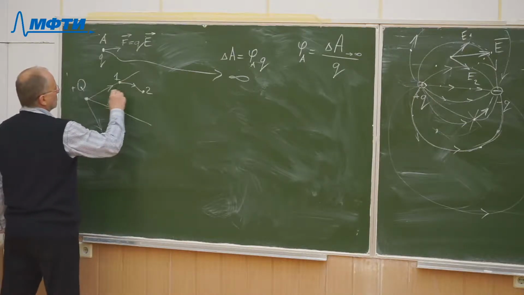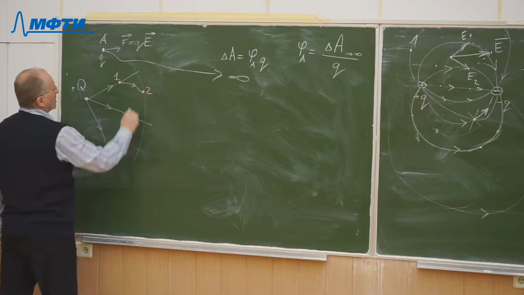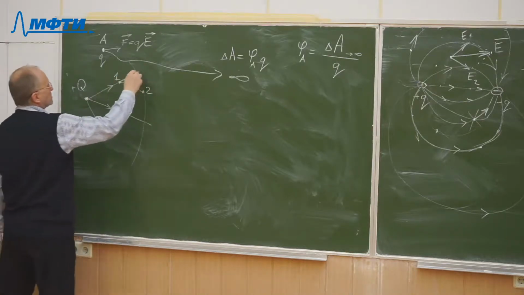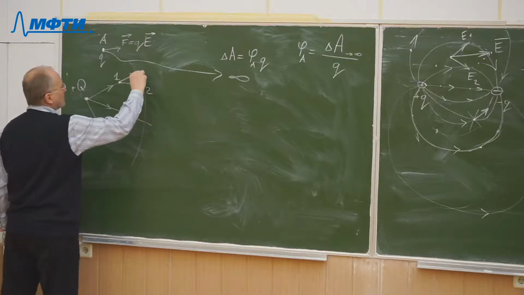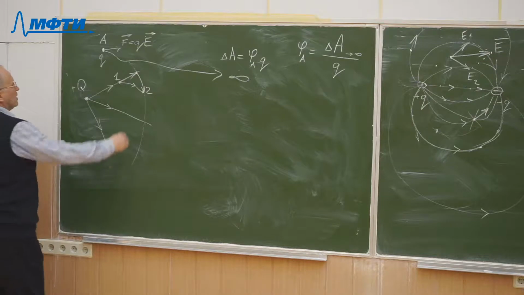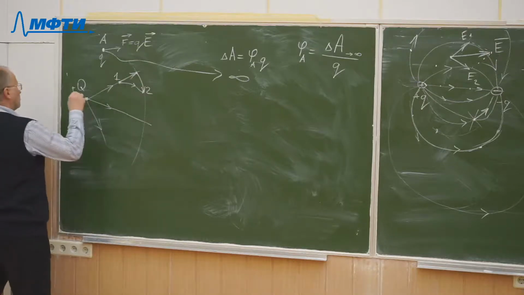The first is the displacement along the radius vector, and the second is the displacement along a circular trajectory, such that the point charge capital Q is at the center of this circle.